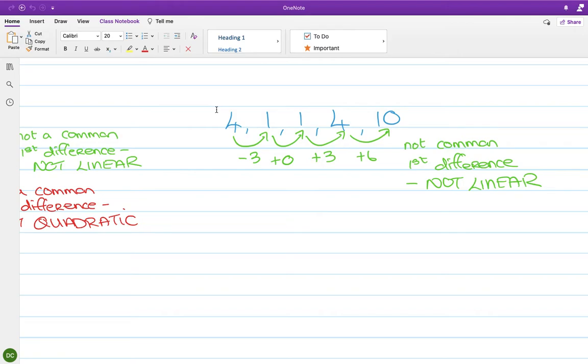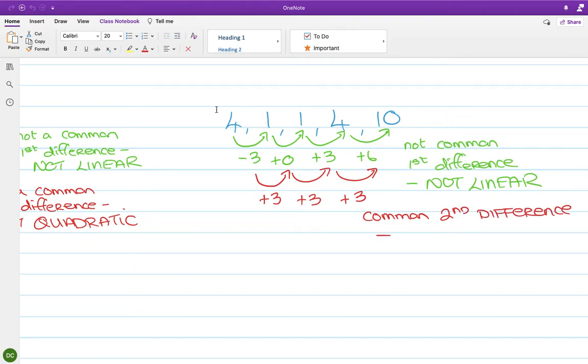So let's check if it's quadratic. If it isn't, that's fine, but let's check. From minus 3 to 0 is plus 3. From 0 to 3 is plus 3. And from 3 to 6 is plus 3. So we have a common second difference, which means it is quadratic.